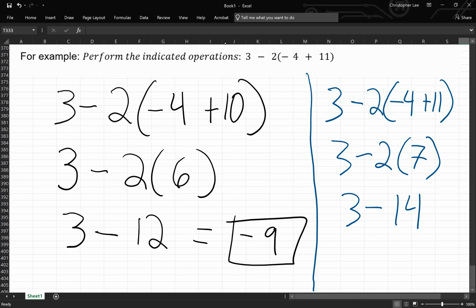And 3 minus 14 is? -11. All right, that's my fault. I didn't copy the question right. But good practice, we got two questions out of it. Any questions about this?